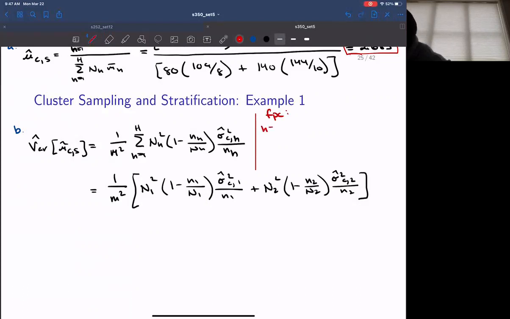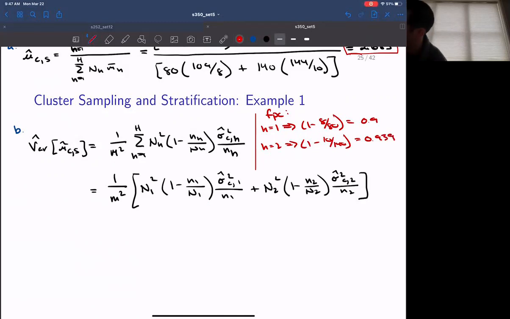So for H equals 1, we have 1 minus 8 over 80, which is equal to 0.9. And then for H equals 2, we have 1 minus 10 over 140, which is equal to 0.939. Right, so you can see that we need the FPCs for each part.